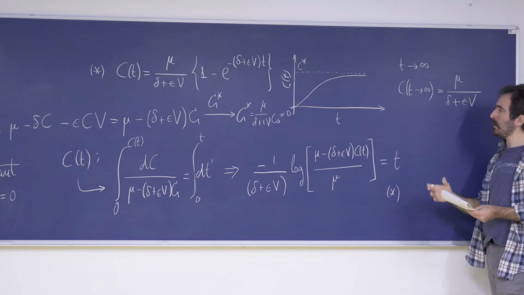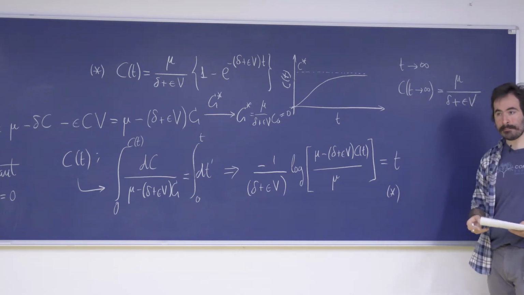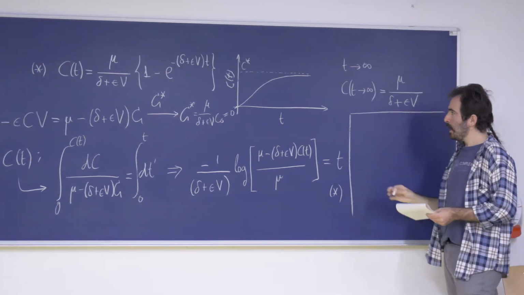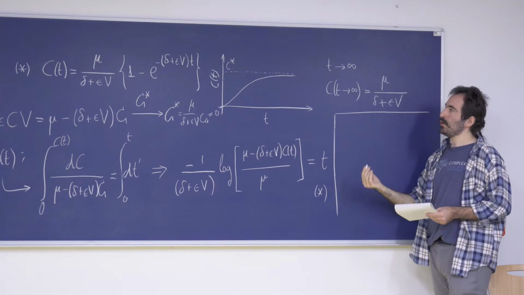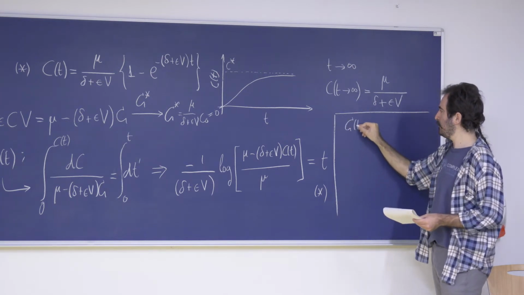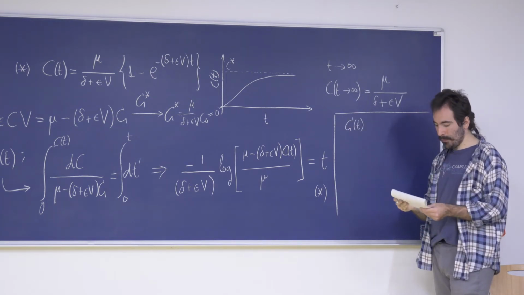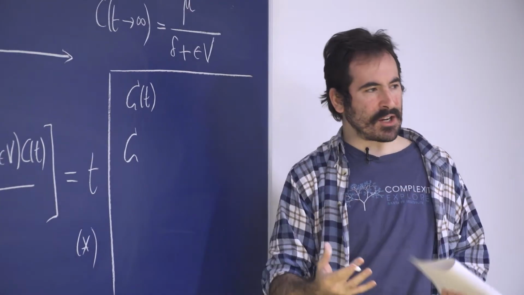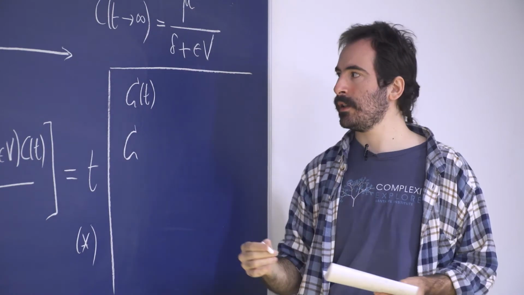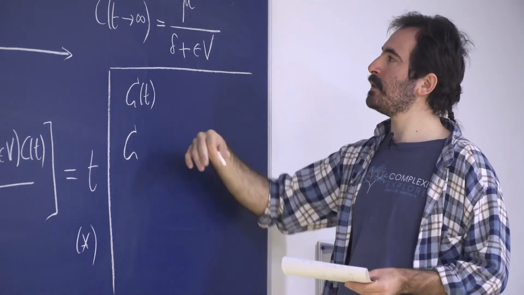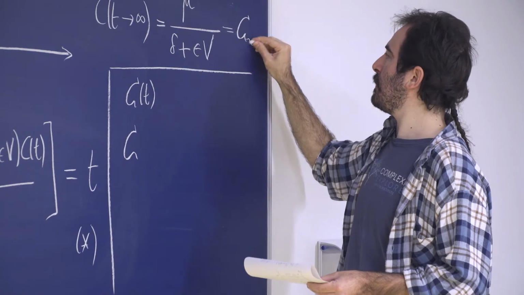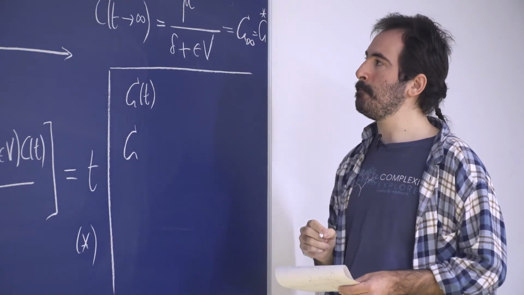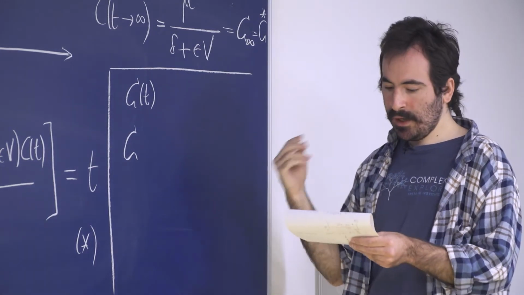Finally, I want to comment on something that I will leave as an exercise, which I'm going to write over here. Now, focusing on the general solution that we got for C, I would like to ask the following. If we are looking for a particular fraction of the number of cells from this C sub infinite, or C star, whatever you want to call it, we can ask the following question.